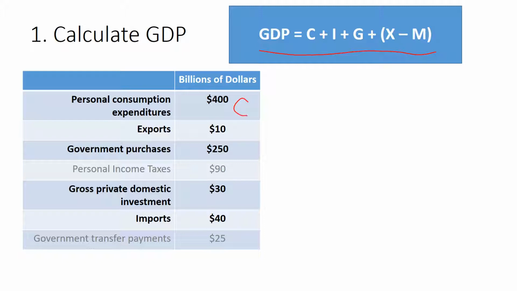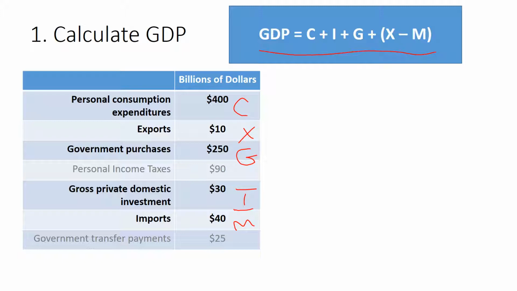This is your consumption. This is exports, the X. Here's government purchases, G. This is your investment spending, that 30 billion. And then this is imports, down here. Notice that we're not using yet personal income taxes or the bottom figure there of government transfer payments.